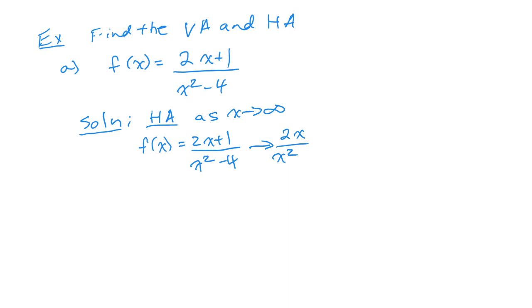Which simplifies to 2 over x, right? If x keeps blowing up and getting bigger, like 2 over a billion, this essentially turns to 0. So y is equal to 0 is the horizontal asymptote.